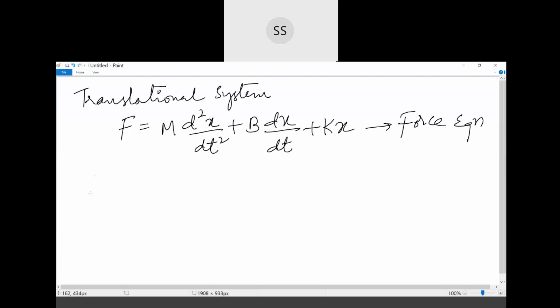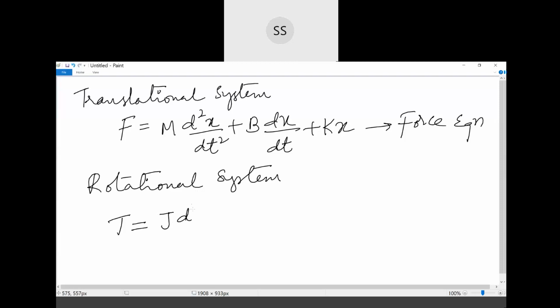Similarly, in case of rotational systems, we write the torque equation, that is T equal to J d square theta by dt square, where J represents the disk under rotation and theta represents the angular displacement, plus b d theta by dt plus k theta.